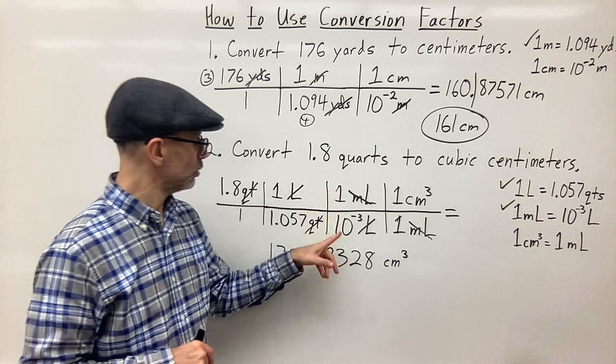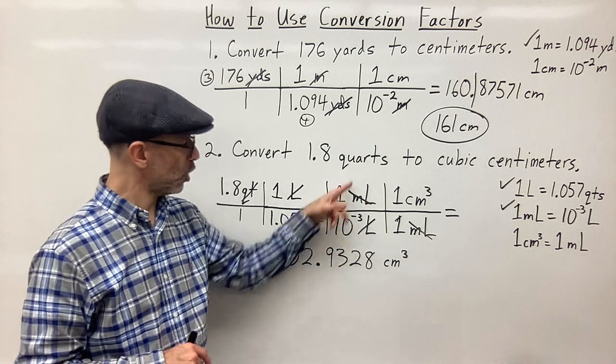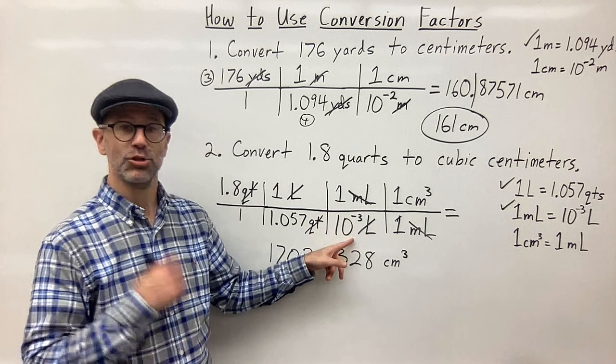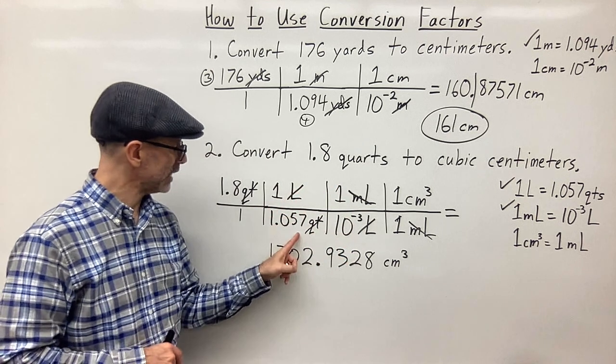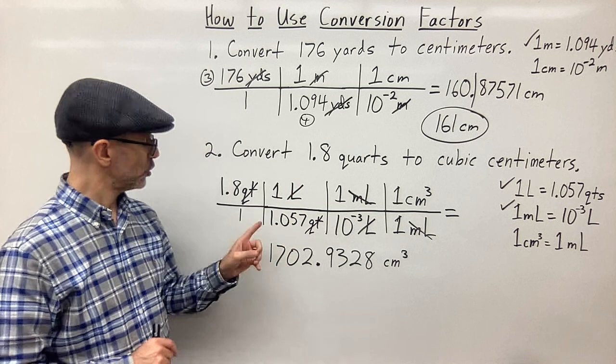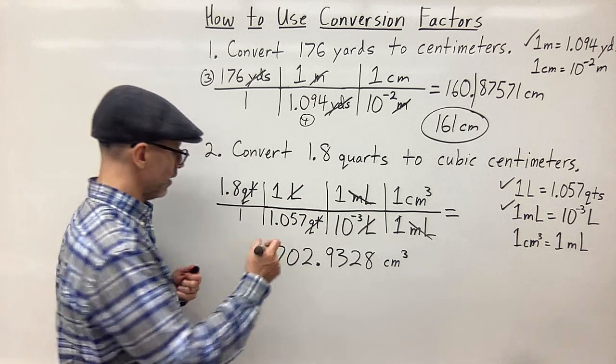1 milliliter is equal to 10 to the negative 3 liters. Again, we have metric volume, metric volume. That's going to be exact, true by definition. Here we have metric to English. That's going to be a measure. So here we have 1, 2, 3, 4 sig figs. So that's 4.